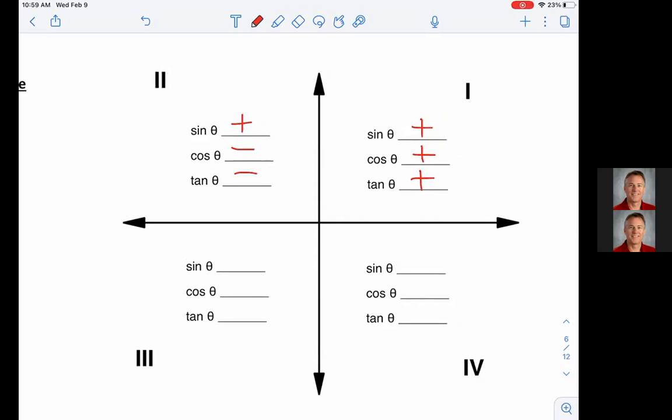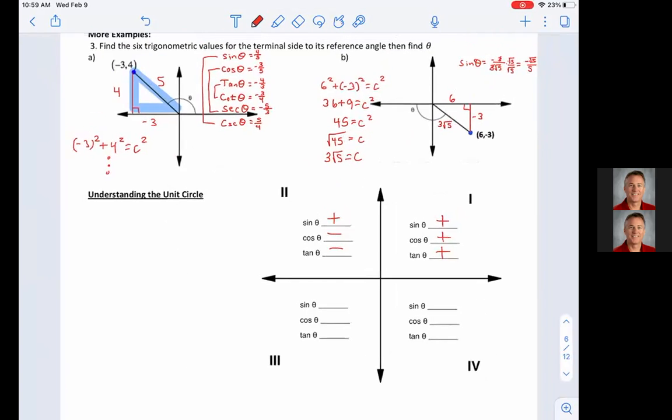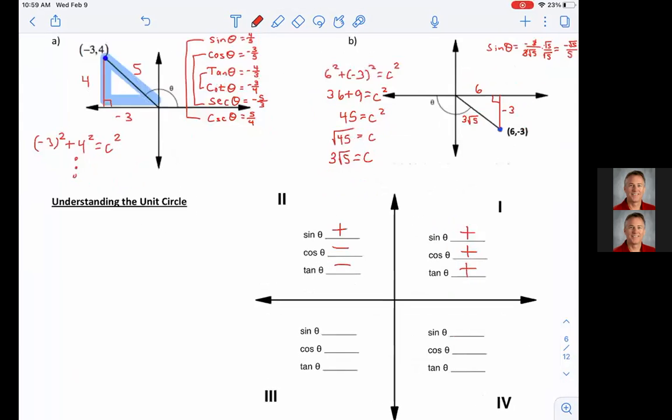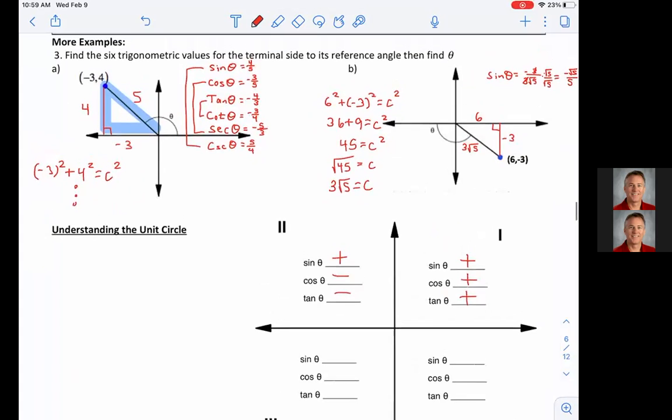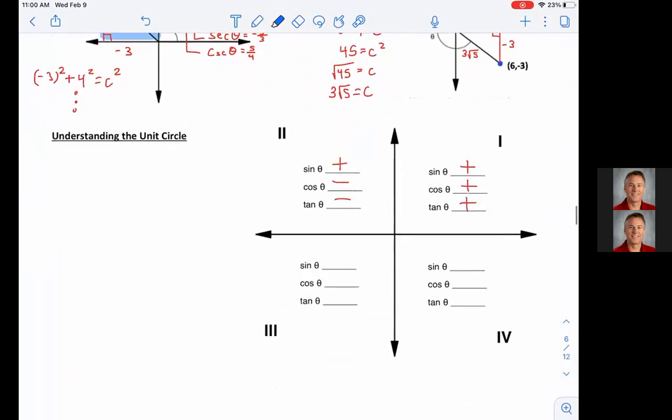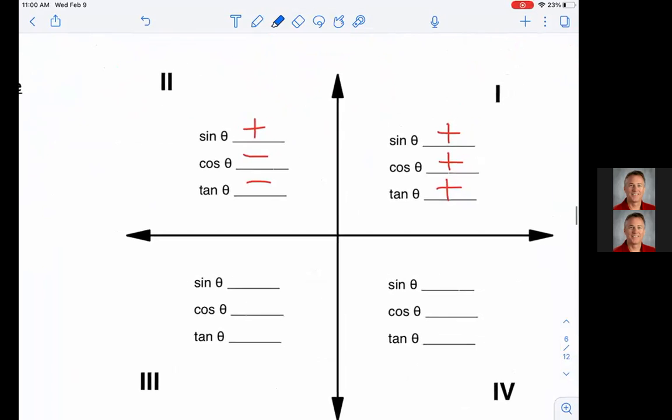You take a positive divided by a negative. Think of our last problem here. Okay, we were in the second quadrant. The sine was positive, but the cosine was negative. Okay, that's going to happen. That will always happen in the second quadrant.